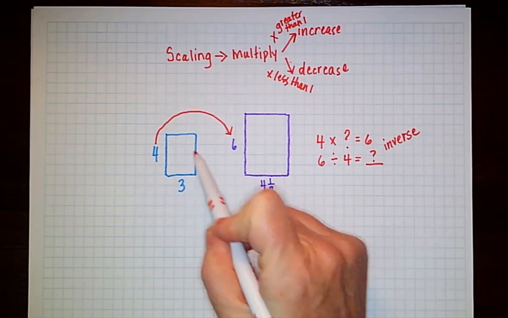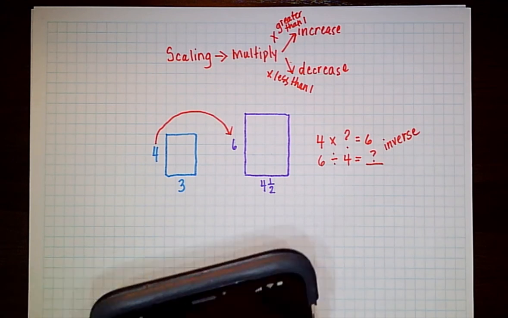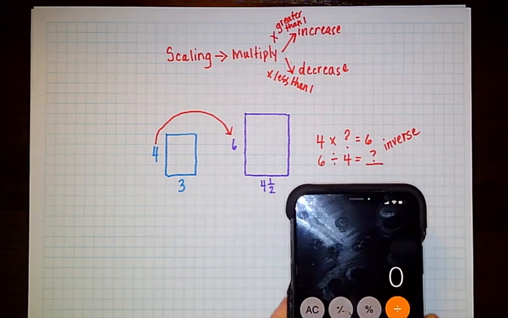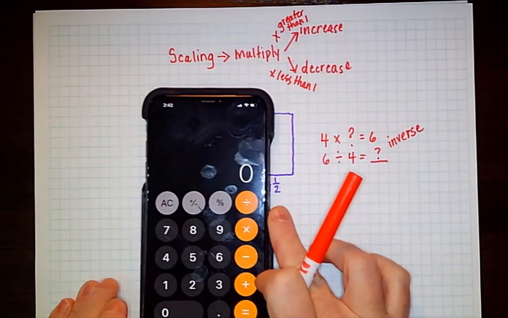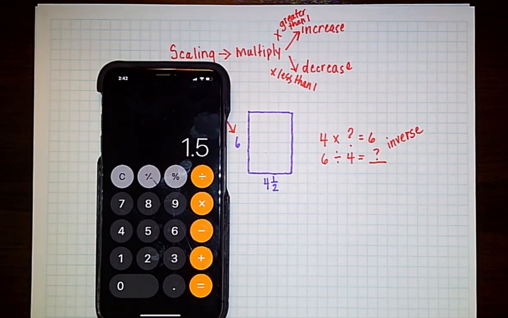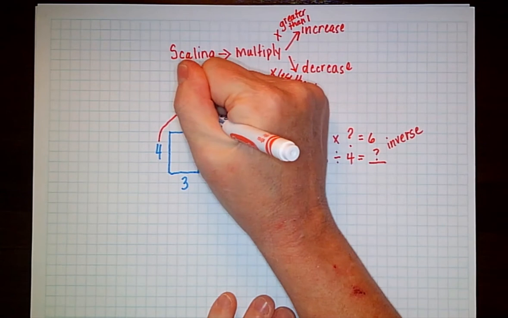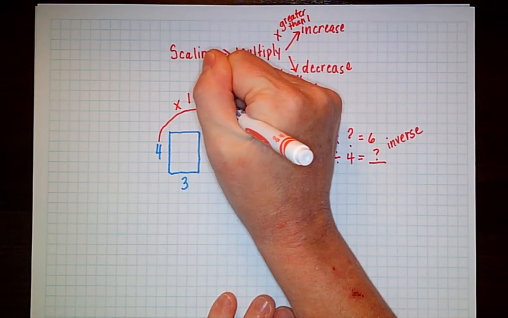You can use a calculator or good old-fashioned division. I'm going to use a calculator. If I divide 6 by 4, I have 1.5. So I know my scale factor is 1.5.